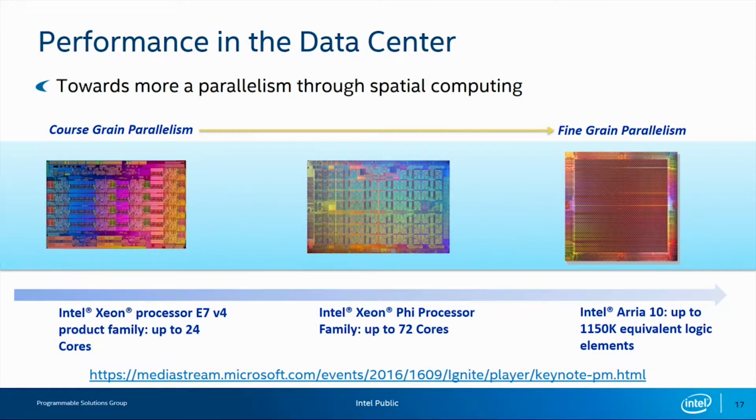So, I'm going to talk about parallelism a little bit. On the left-hand side, you see a snapshot from a Xeon processor, a multi-core Xeon processor. And in the middle, we see a similar snapshot of the Xeon Phi that our first speakers have shown us. And on the right-hand side, there is the FPGA die image.